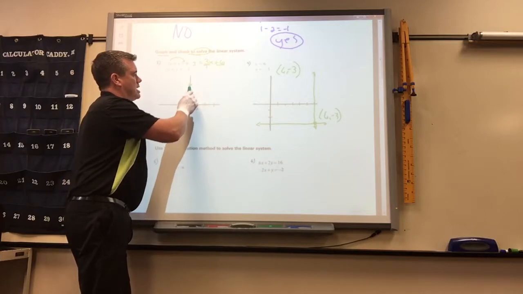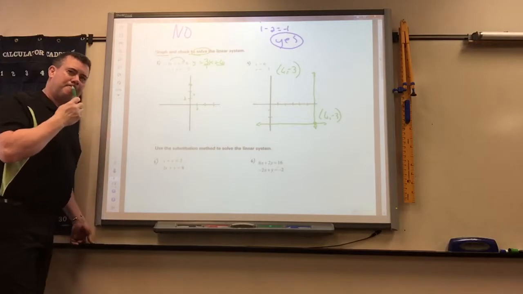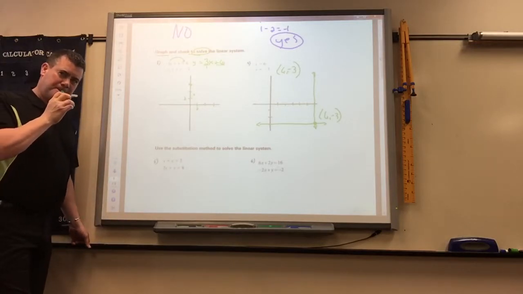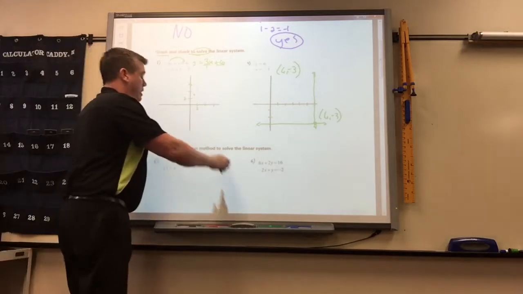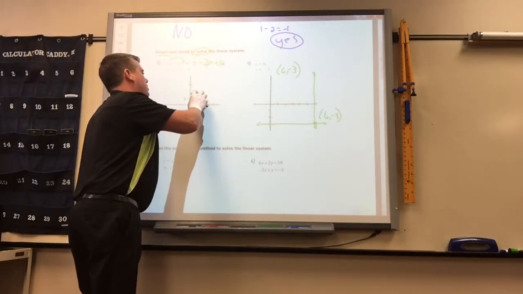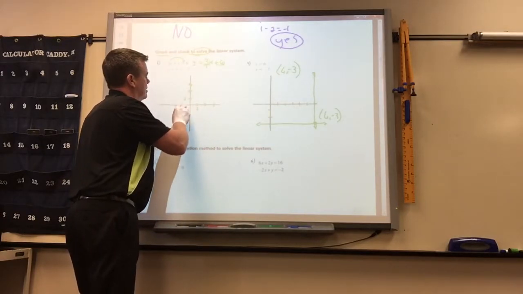Because if you change 1, you've got to change all. Since it's not negative, you just changed 1. Oh, I went the wrong way, you're right. I should have gone the other way. Down 3 and over 1 this way.